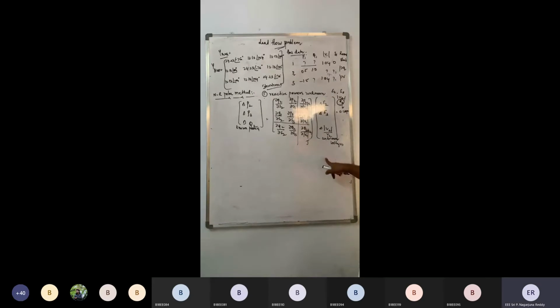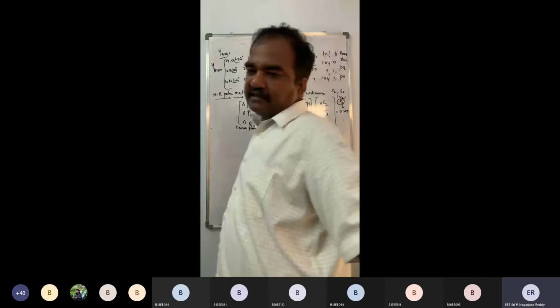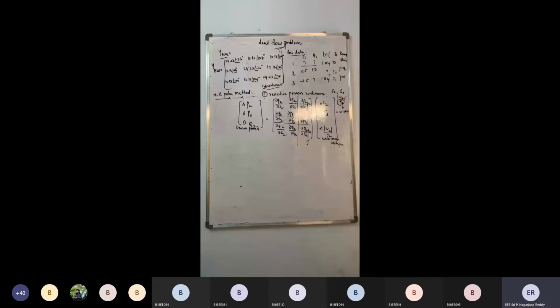Once you get all these 12 variables, 3 plus 9, 12 variables, then you can compute these 3 variables and you can add them to your initial values to get your safest values for convergence.